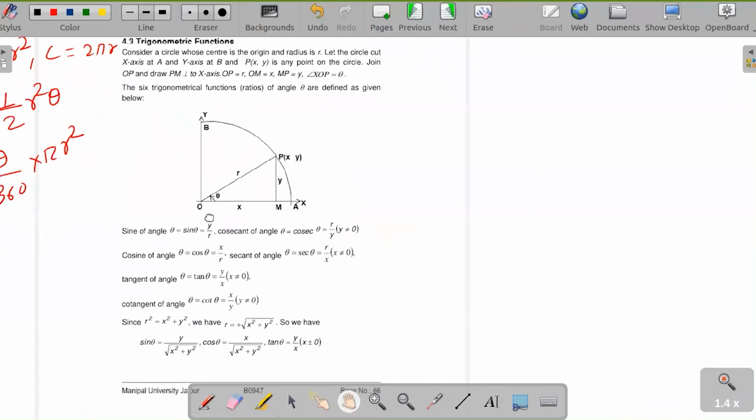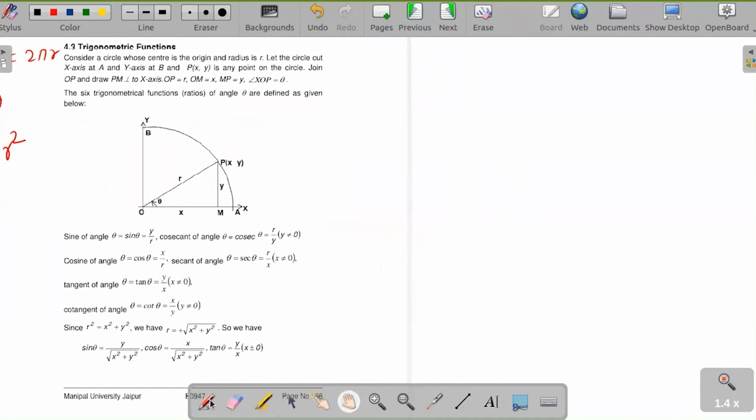Now comes to trigonometric functions. So let's assume a right angle triangle with vertices A, B, C, and then we have some terminology.